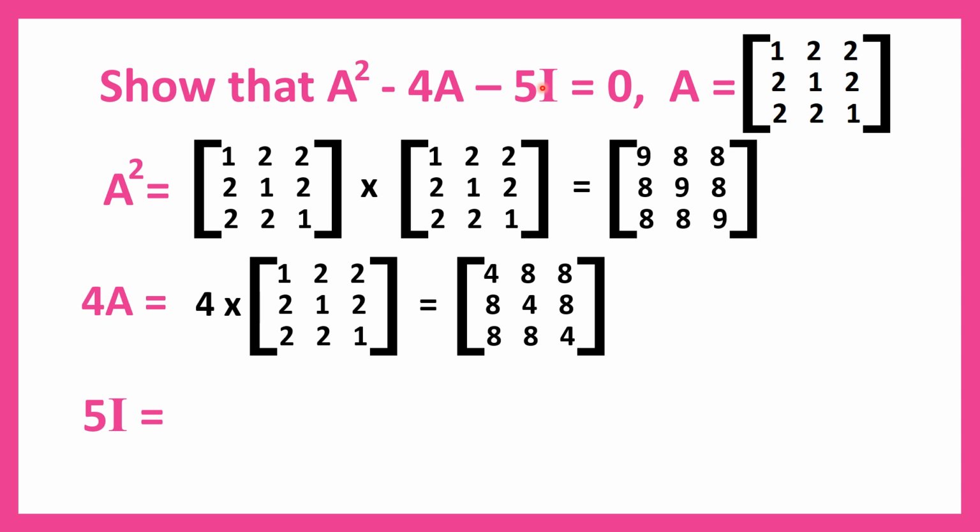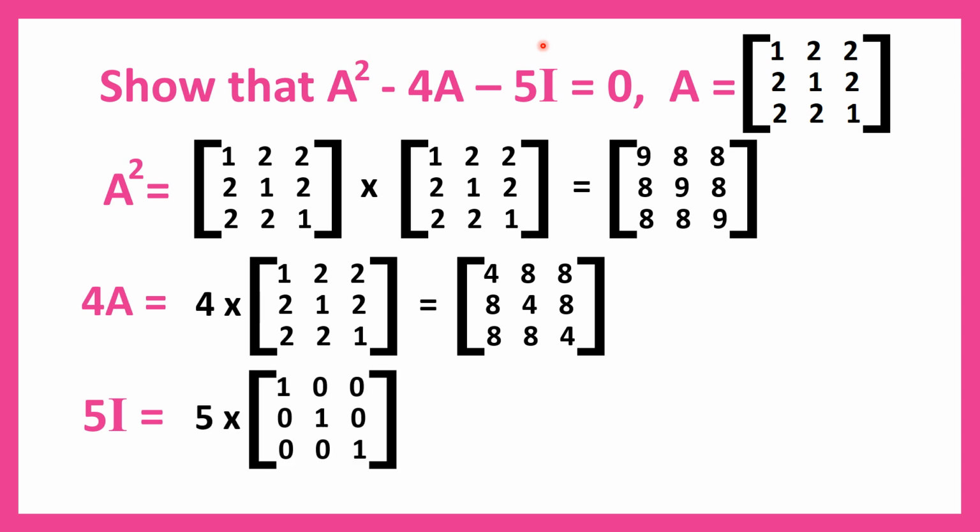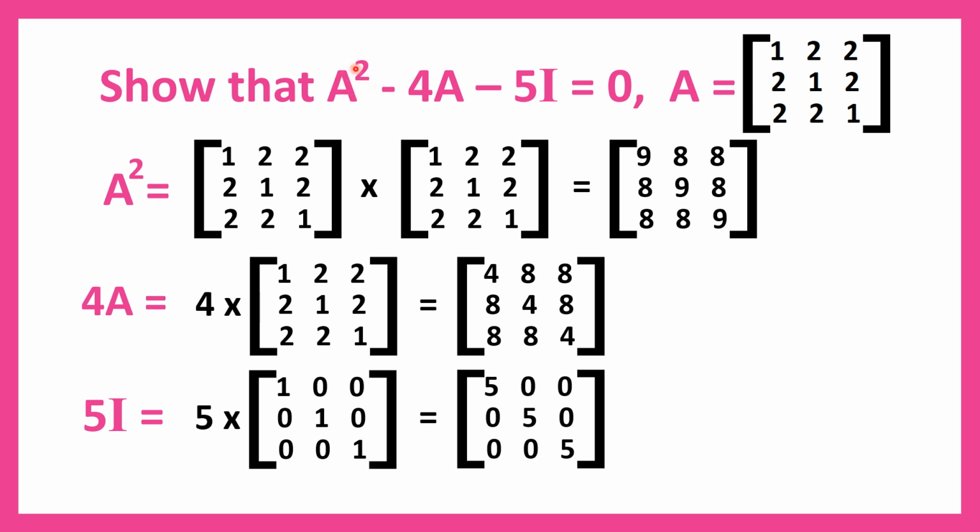Identity matrix is often indicated as I, or the capital letter I is used to indicate identity matrix. So 5 into identity matrix or the unit matrix, that is equal to matrix of 5, 0, 0, 0, 5, 0, 0, 0, 5. Now we got all this: A square, 4A and 5I.